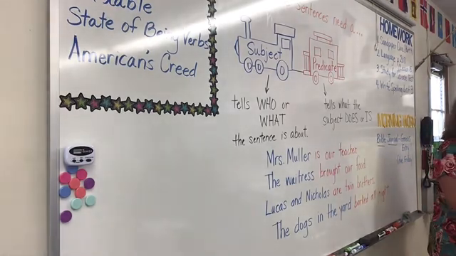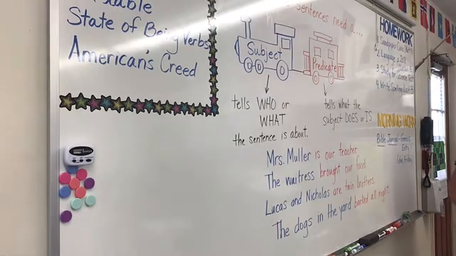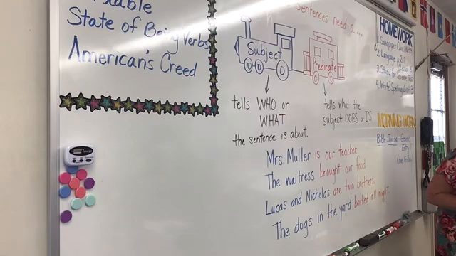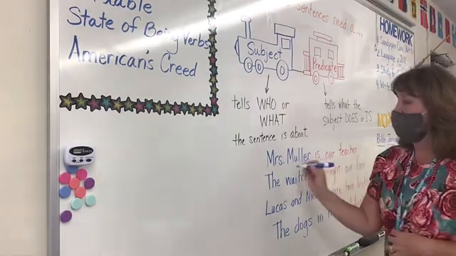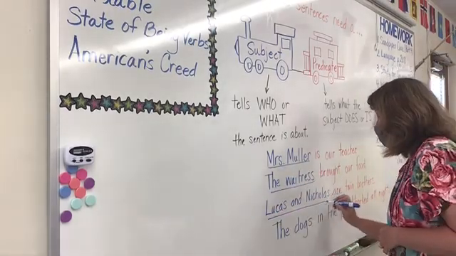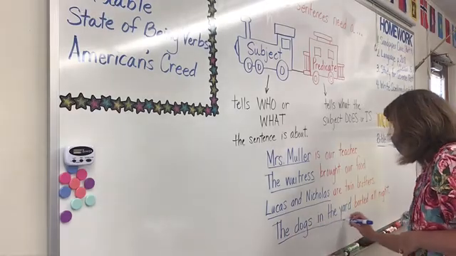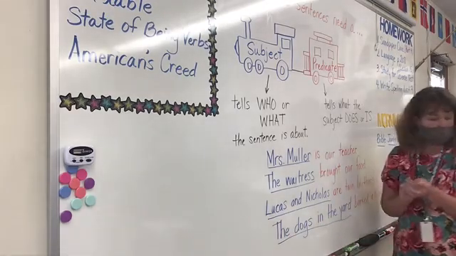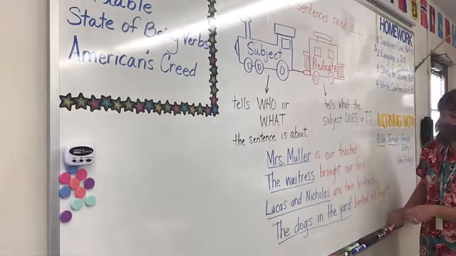Now, one way that we're going to label the sentences with subject and predicate is that the subject we're going to underline with one line. So all these are our subjects. And then our predicates we're going to underline with 2 lines.